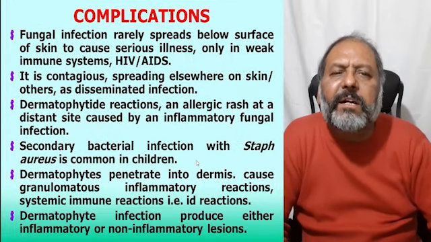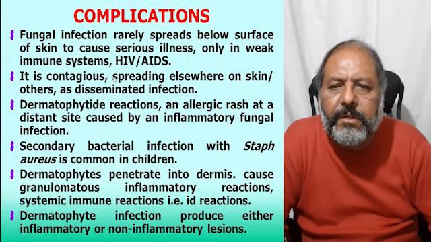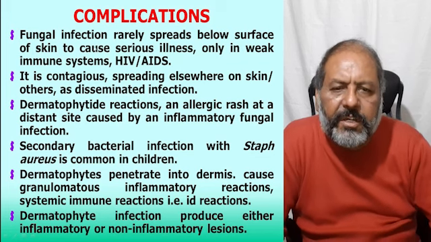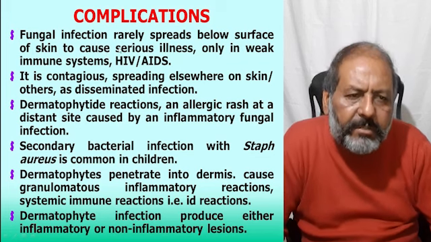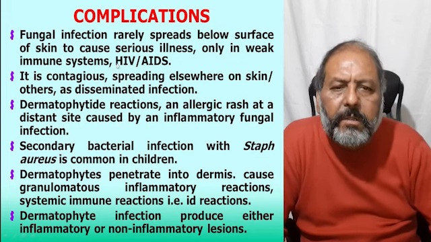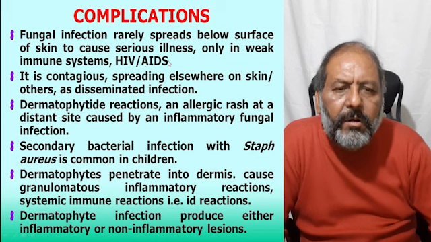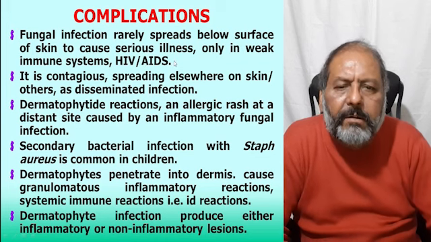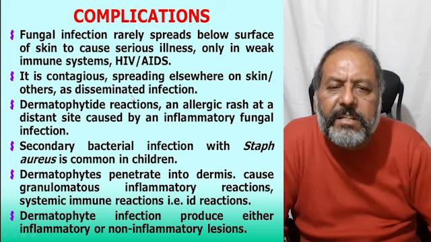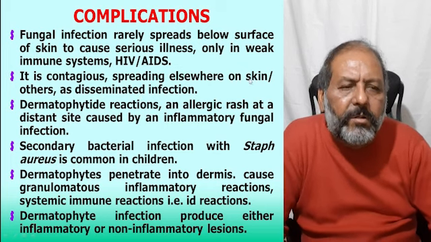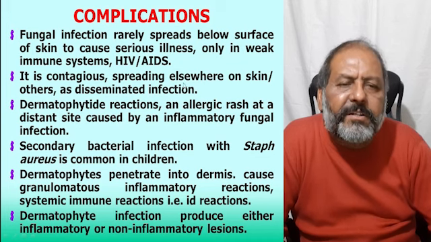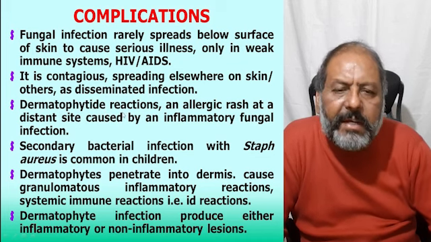Now, what are the complications of this disease? Fungal infection rarely spreads below the surface of the skin to cause any serious illness, but it occurs only in a weak immune system, in people like HIV or AIDS patients or patients on immunosuppressive drugs. It is contagious, spreading elsewhere on the skin or to other people as disseminated infection, the dermatophytid reaction.